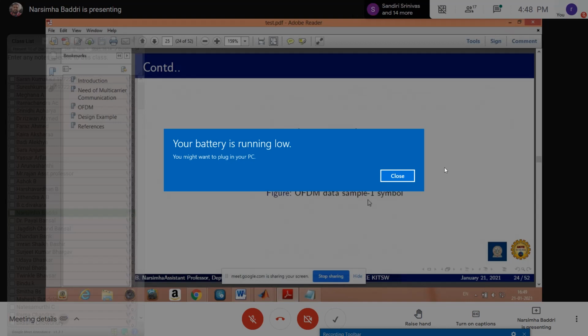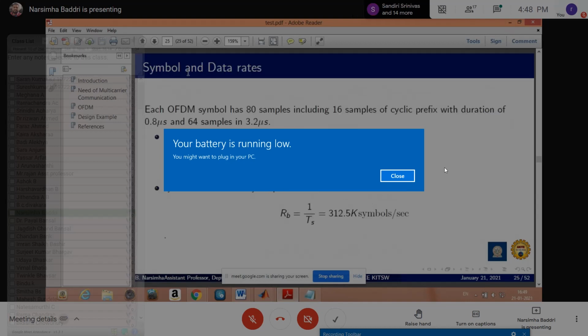You can also calculate symbol rate and data rates. The symbol rate with cyclic prefix is 1 by TS, which is equal to 250 kilo symbols per second. The symbol rate without cyclic prefix is 1 by 3.2 microseconds.